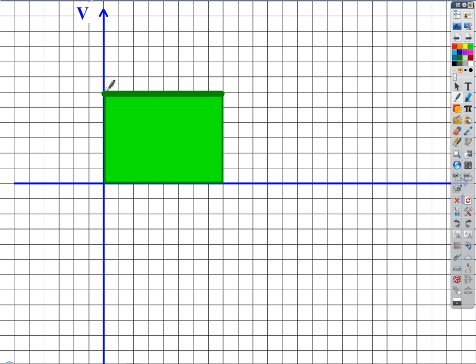Okay, so how else geometrically could you get that displacement? Yeah, you could also just calculate an area, couldn't you? We talked about kinematics a long time ago, but that's one of the nice things when you look at kinematics graphically: the area under a VT graph is equal to displacement, right?